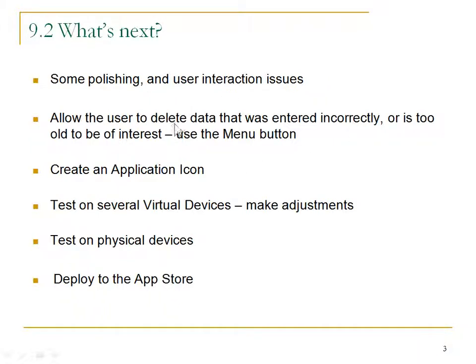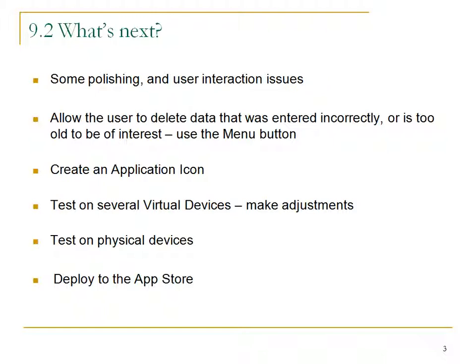So here's the big thing that we need functionally: the application to allow the user to delete data that was entered incorrectly or it's too old, and I would like us to use the menu button for that. So we haven't used the menu button at all, and it will be fairly easy, I hope, knock on wood, to select data from that history list and remove it from the database.